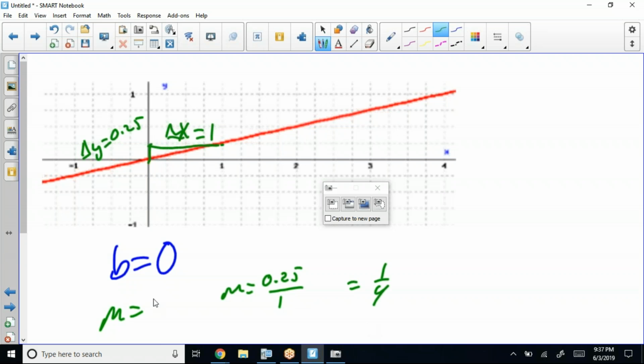Yes, sir. So the slope is that. And now write an equation. You have y equals mx plus b. Now the b is 0, so if I put plus 0, it's not going to affect anything, so it'd just be y equals 1/4 x. Okay, thank you. You're welcome.